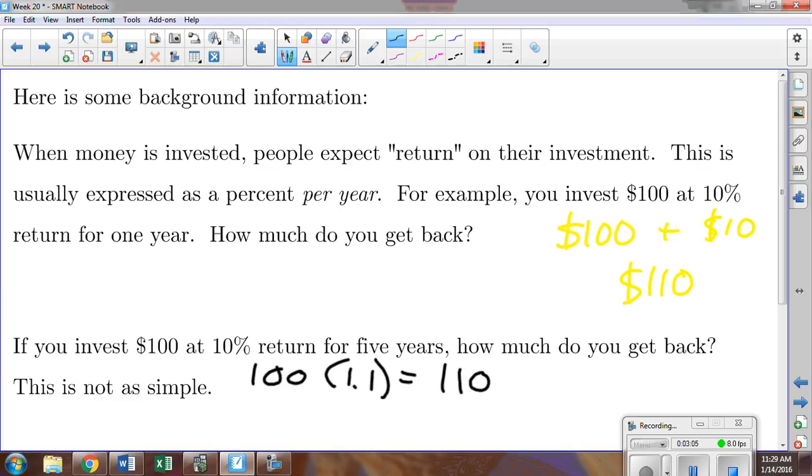In year number 2, they're going to charge you interest not based on the original 100, but on the $110 that we already had. So you're getting interest on top of the interest that you already earned.